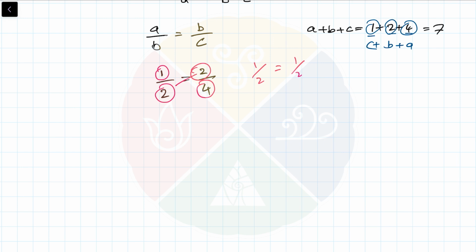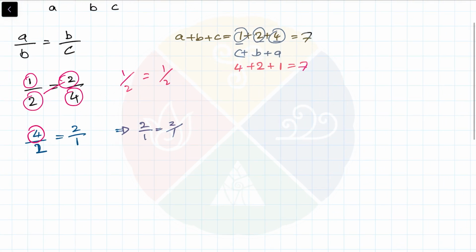If that is the assumption, then also I will get A by B, 4 by 2, is equal to B by C, 2 by 1. Even here you are going to get the ratio 2 by 1 is equal to 2 by 1. So this is another possibility where A is equal to 4, B is equal to 2, and C is equal to 1.